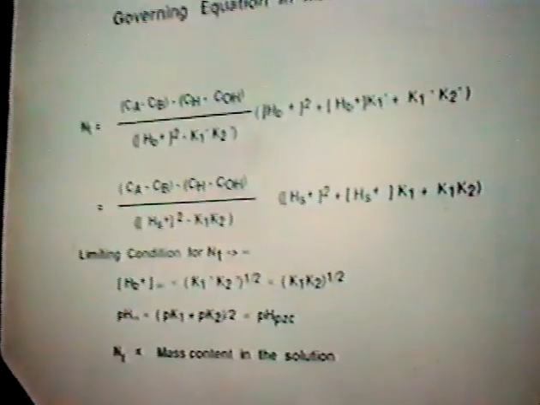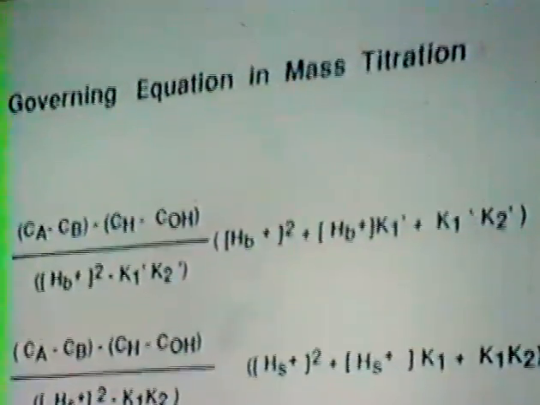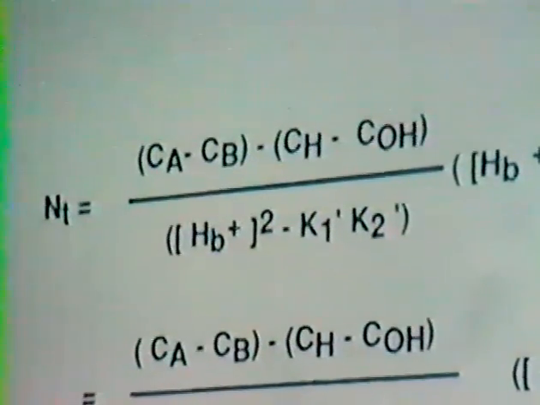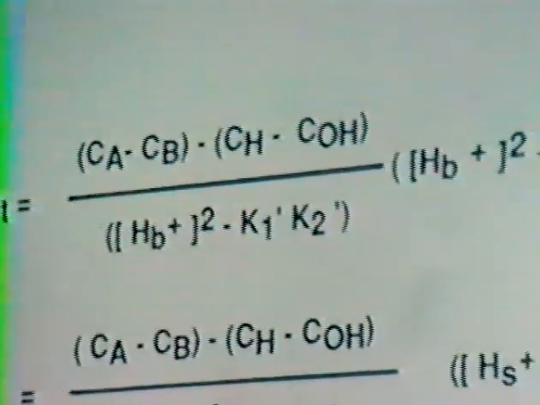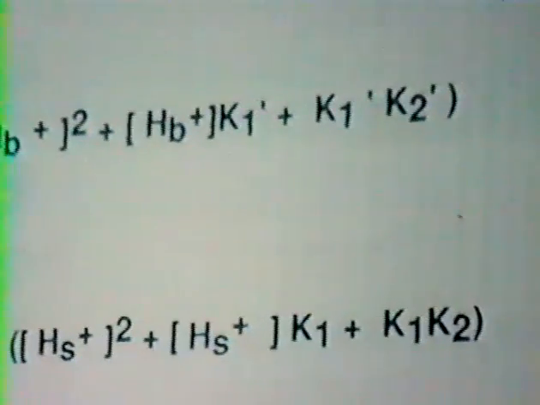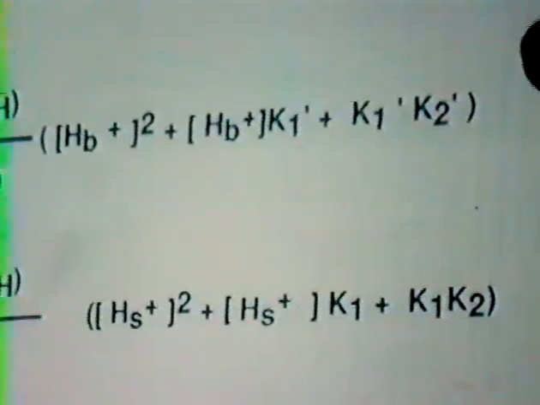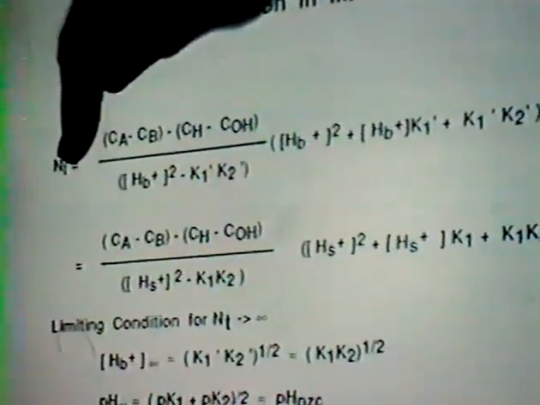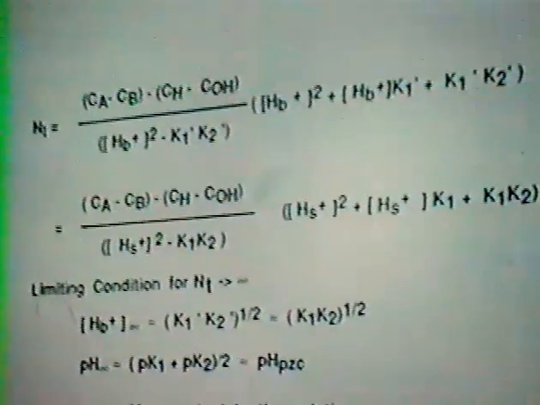Now, I will demonstrate very quickly with my only mathematical slide that, in fact, that value of the pH is a good estimate of the PZC of the system. If one takes the equilibrium reactions that control the protonation and deprotonation, along with the electroneutrality condition, and then inverts that expression, one can solve for the total number of amphoteric hydroxyl sites, N sub T, in terms of all of the variables in the system.